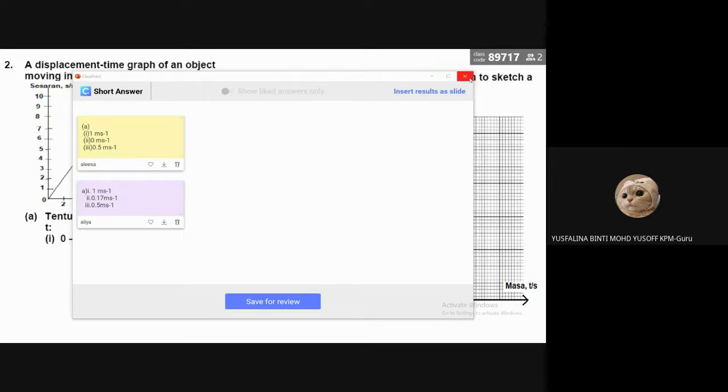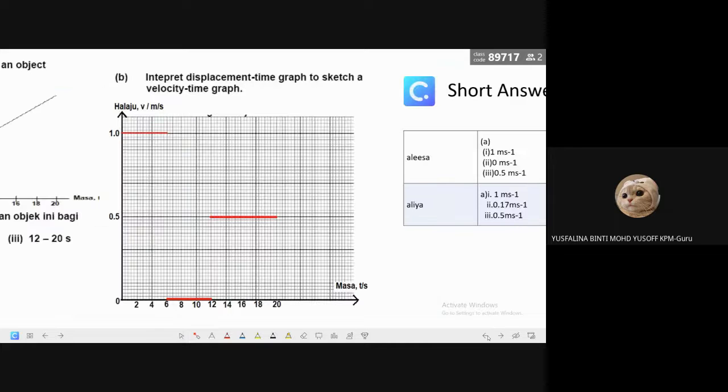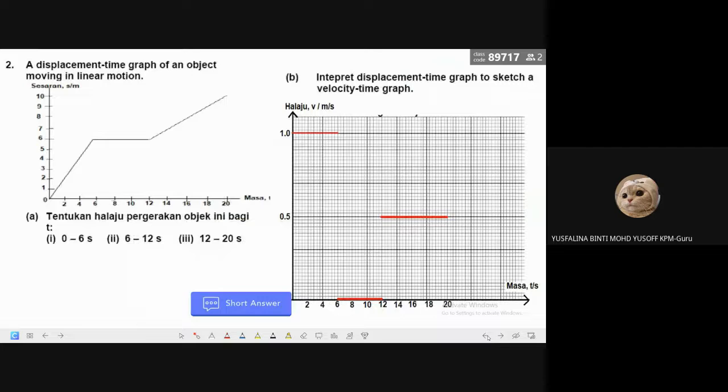Ada yang sama, ada yang tak kan. Kita tengok. Okay, 0 hingga 6 saat. Like I said, take 2 points, right? So this one I label 0, 0, and this one is 6, 6, if I'm not mistaken. Okay, so you just minus it up. 6 minus 0.